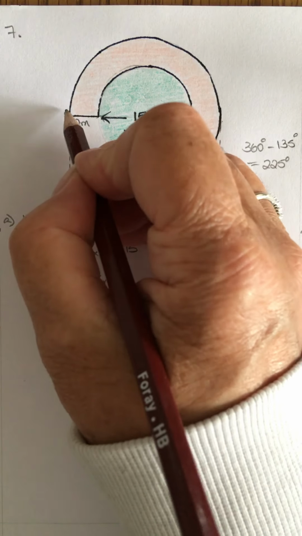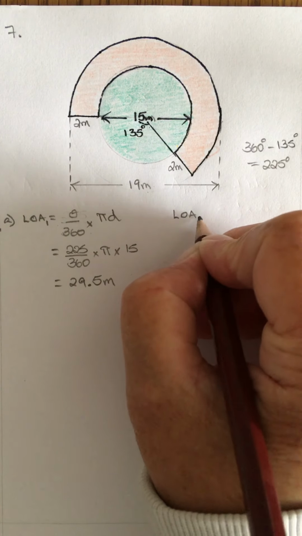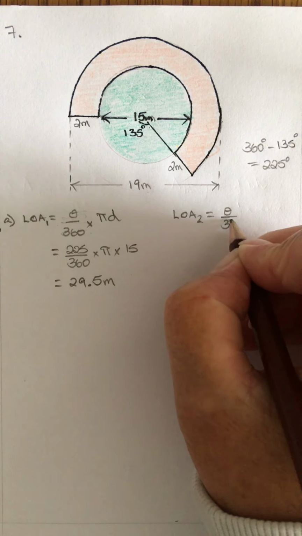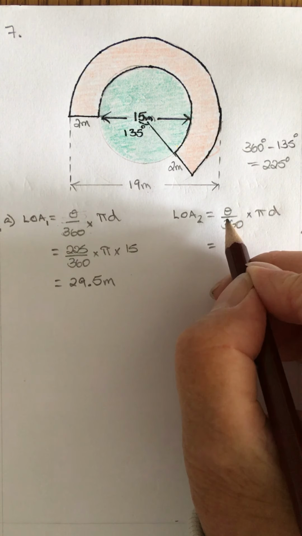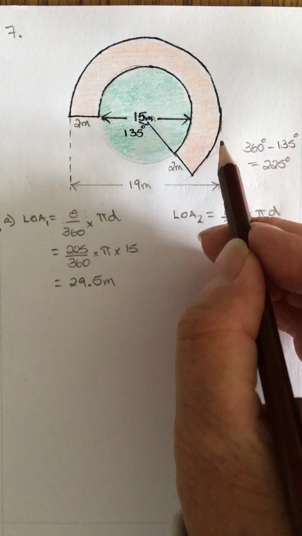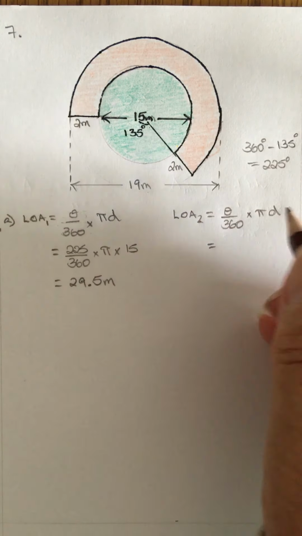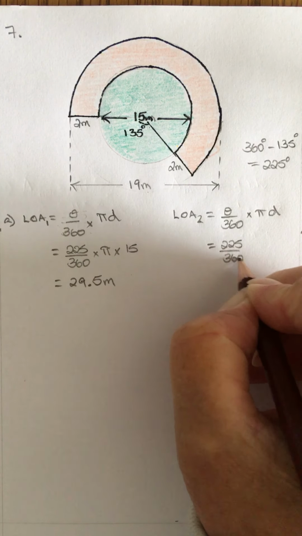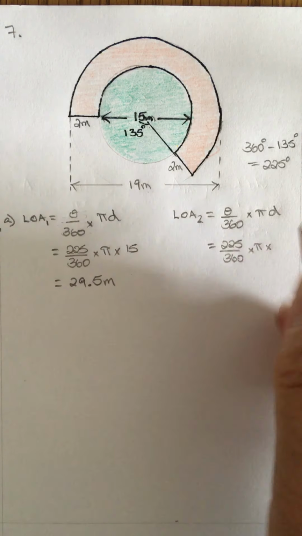We need to do that again for the bigger circle. So length of arc 2, again formula, and then put the numbers in. For the bigger circle it's still the same angle, it's still this angle here. So it's 225 over 360 times pi, but this time the diameter of the bigger circle is 19.